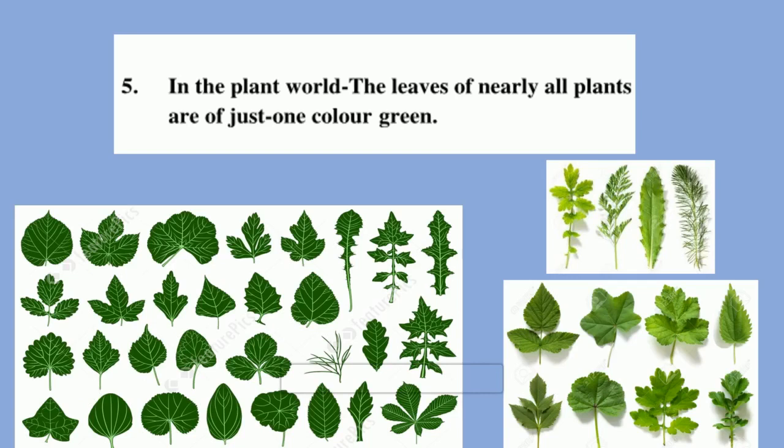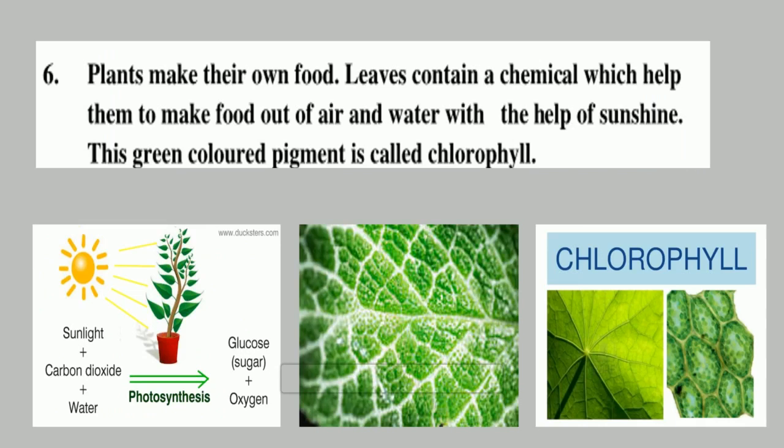Number 5 is in the plant world, the leaves of nearly all plants are of just one color, green. Dear students, I have told you earlier that plants are green because of a pigment in them called chlorophyll. Chlorophyll absorbs the light energy from the sun, which is important for plants to make food through photosynthesis. Number 6 is plants make their own food.